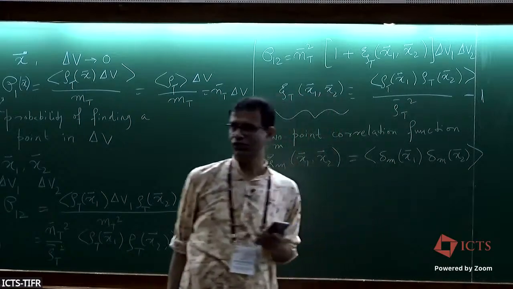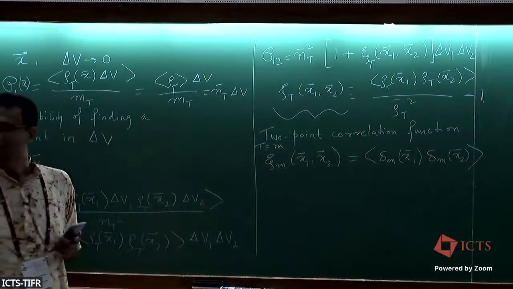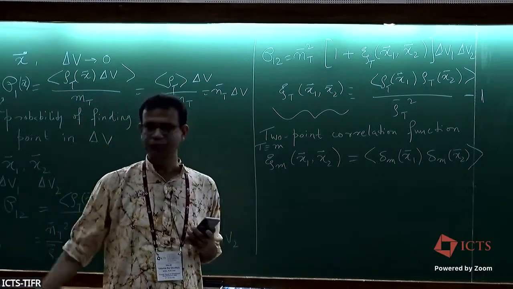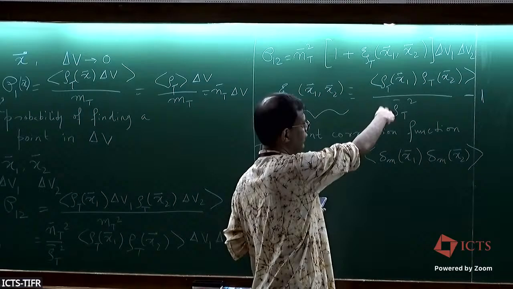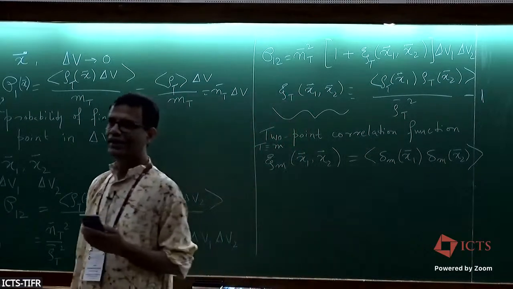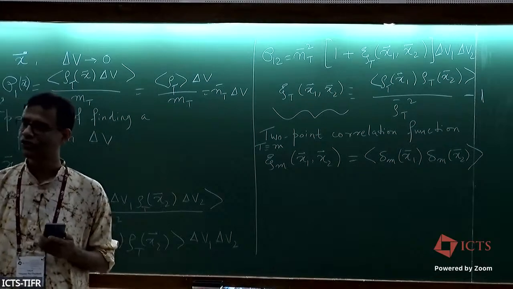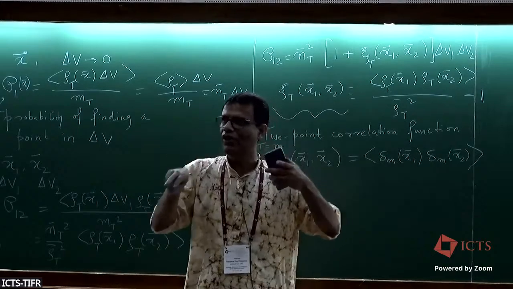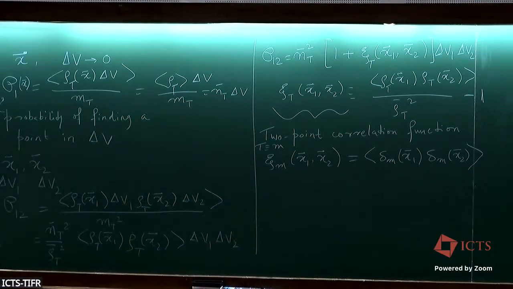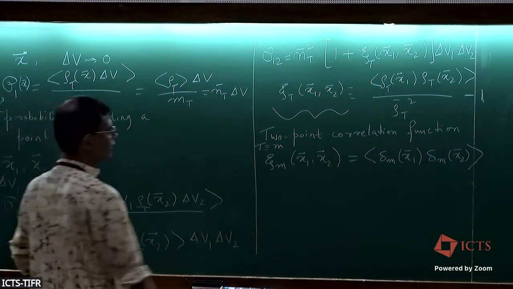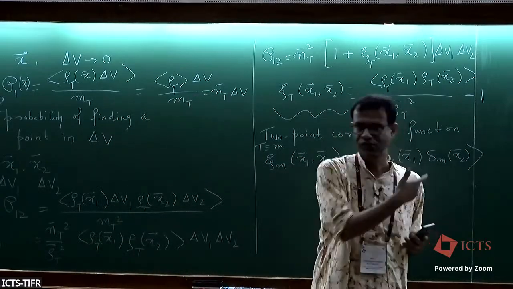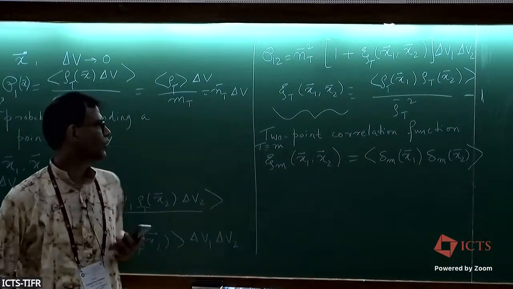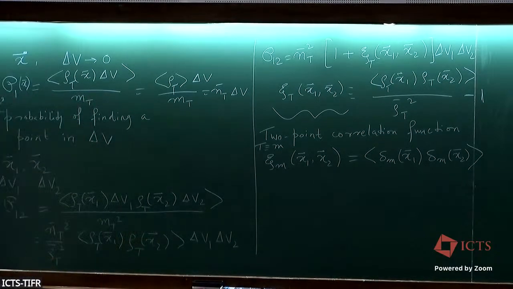Similarly for the other point, rho_m bar times 1 plus delta. So strictly you will have 4 terms. First term will be rho_m bar square, that will cancel with this. Then you will have 2 delta terms, which will also go to 0 because they will be averages of deltas. Average of delta is 0. We have already said that. And the final term which will remain will be the multiplication of the deltas. So these are 2-3 steps which you can do and you can show that. So given the density contrast field, we can calculate the 2-point correlation function.